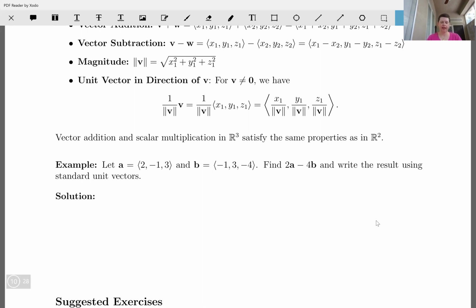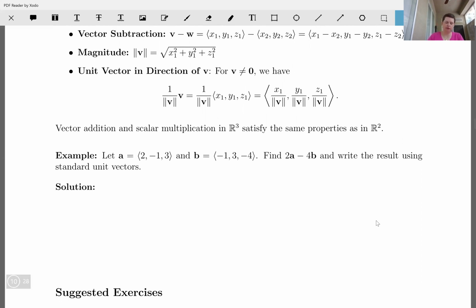Let's let A be the vector <2, -1, 3>, and B be the vector <-1, 3, -4>. Let's find 2A minus 4B and write the result using standard unit vectors. So we're going to write the answer 2 ways.